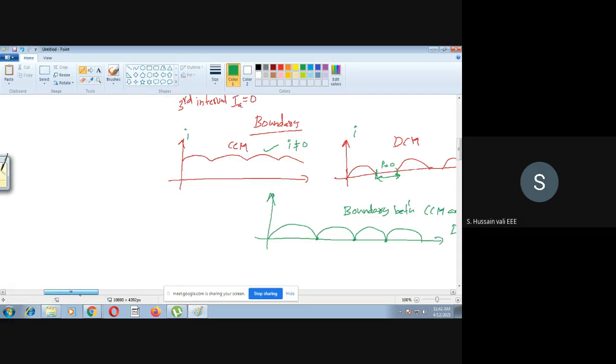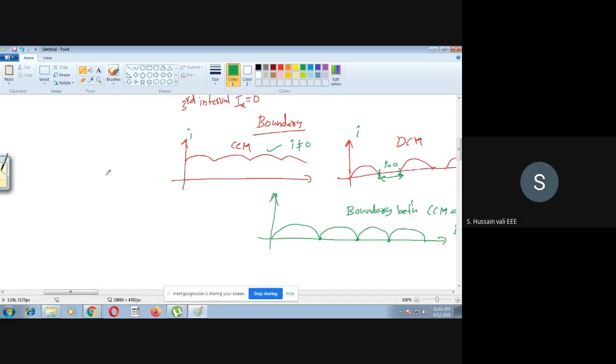So I will tell you how to find out the boundary in our particular case. I will just draw that. First, in case of the discontinuous conduction mode, what are the intervals? The first interval is alpha less than or equal to omega t less than or equal to pi. The second interval is pi less than or equal to omega t less than or equal to beta.